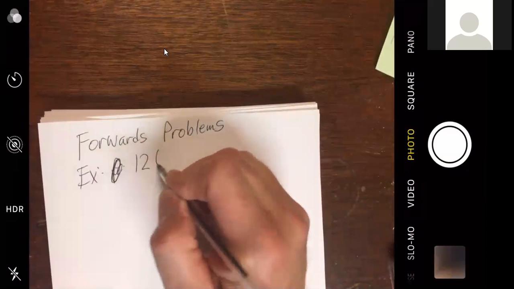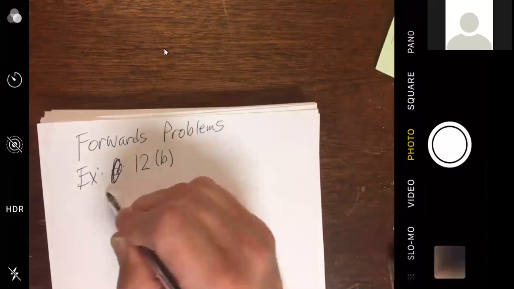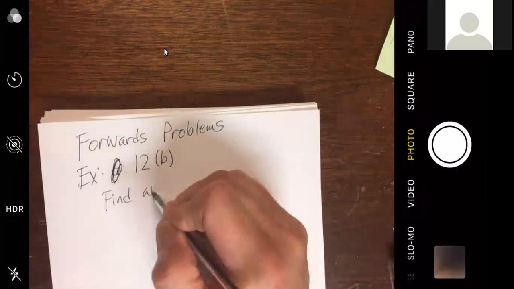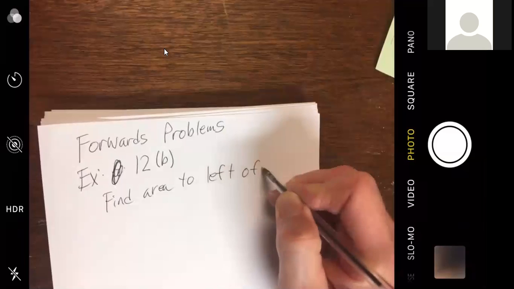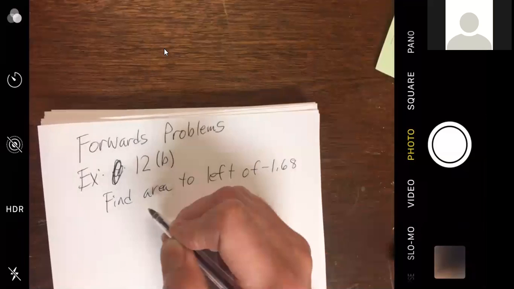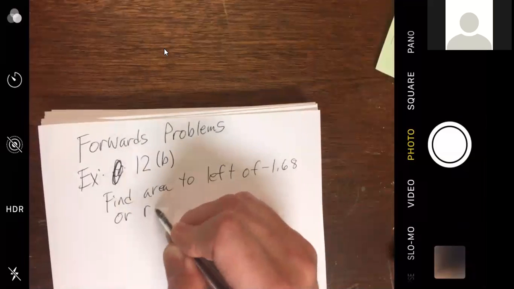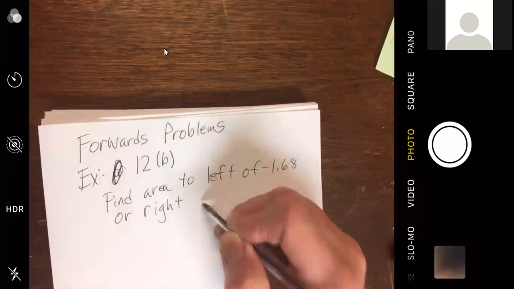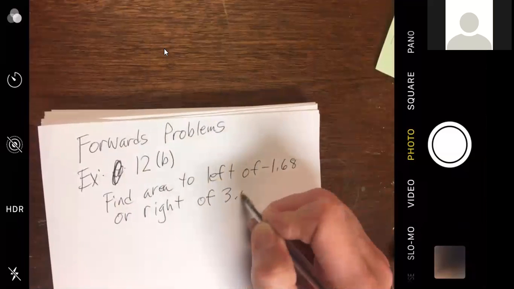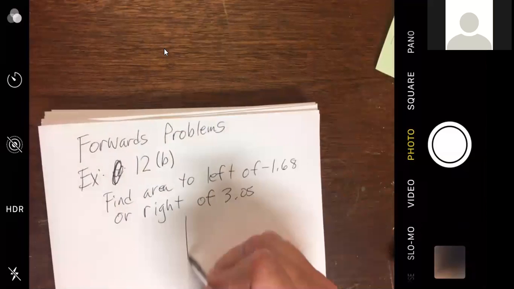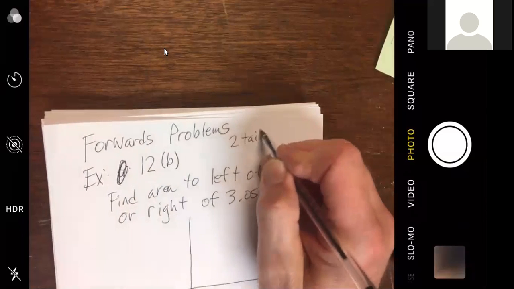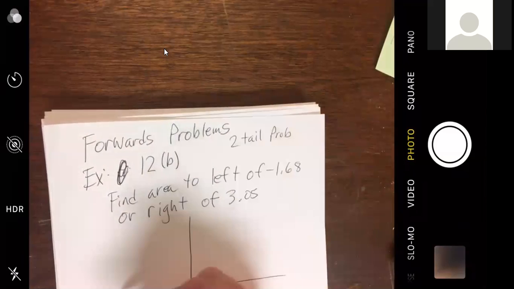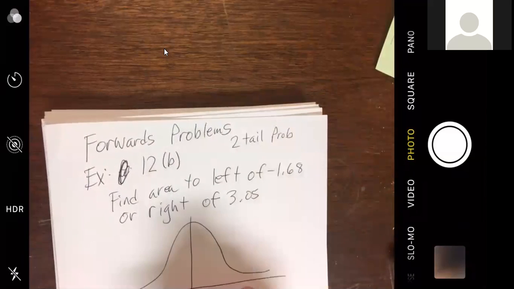First of all, take the 30. 1 minus 30. 30%, 3.05. This would be a two-tail problem. Okay, 0.3.